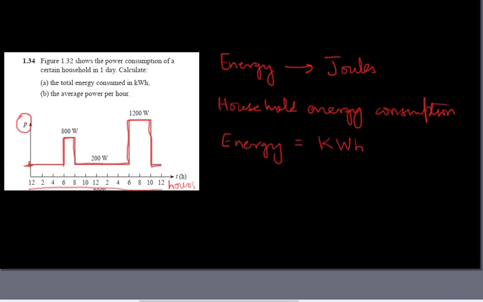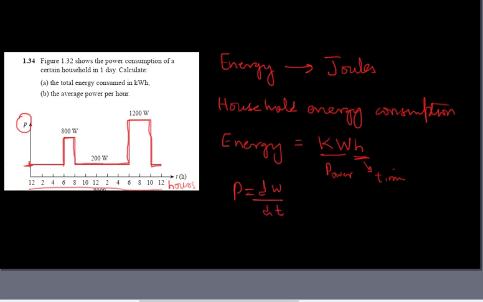kilowatt hours. Kilowatt, you know, that is power, and hour is, you know, time. And you remember from the formula that power is dW, the energy, per unit dt, the time.